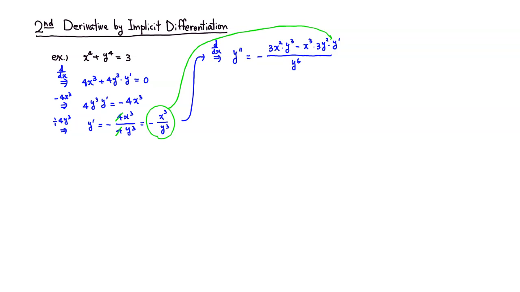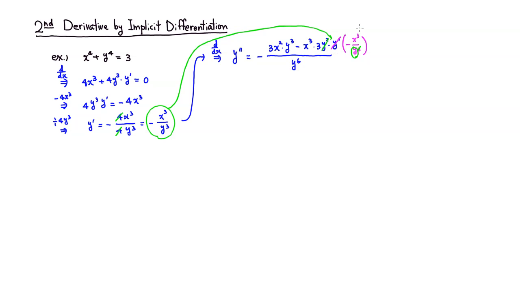So this y prime is going to be replaced by negative x cubed over y cubed. And do a little bit of cancellation. You have y squared sitting on top and a y cubed on the bottom, so I'm going to scratch the cube so that I know there's a y sitting on the bottom.